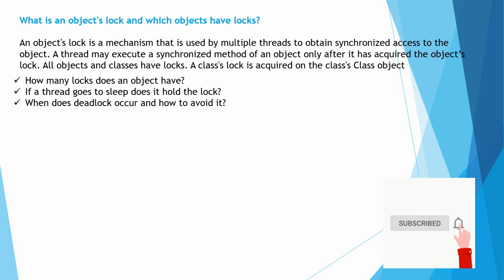When does a deadlock occur and how to avoid it? When a locked object tries to access another locked object, which in turn is trying to access the first locked object, and the threads are waiting for each other to release the lock on a particular object, deadlock happens. So when is deadlock happening?